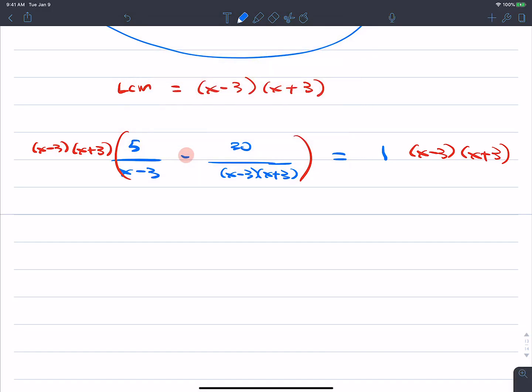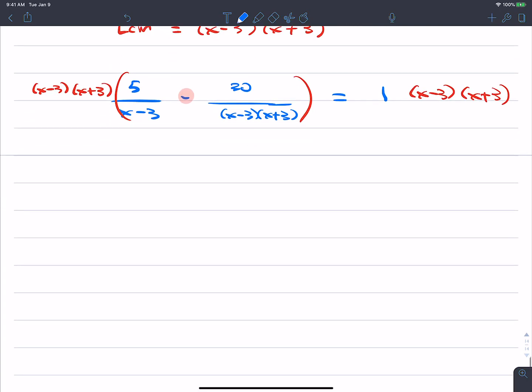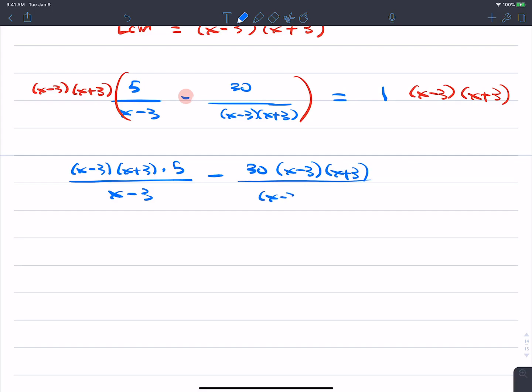So, what do we get when we do this? We get (x minus 3)(x plus 3) times 5 over (x minus 3), minus 30 times (x minus 3)(x plus 3) over (x minus 3)(x plus 3), equals (x minus 3) times (x plus 3).